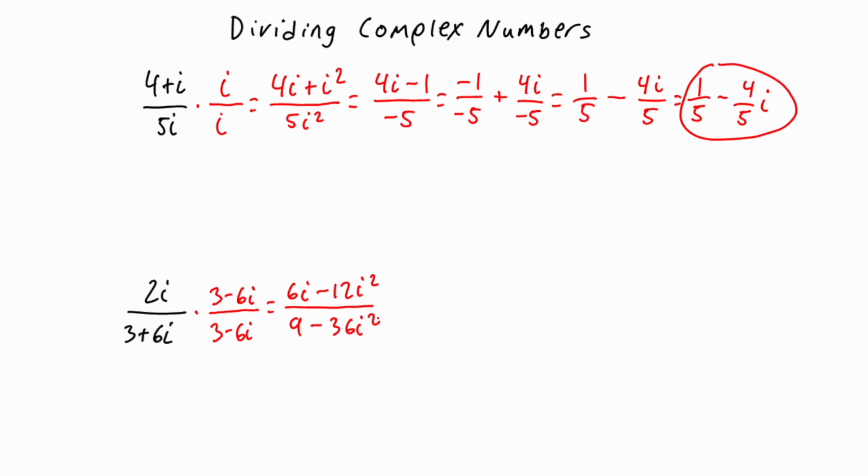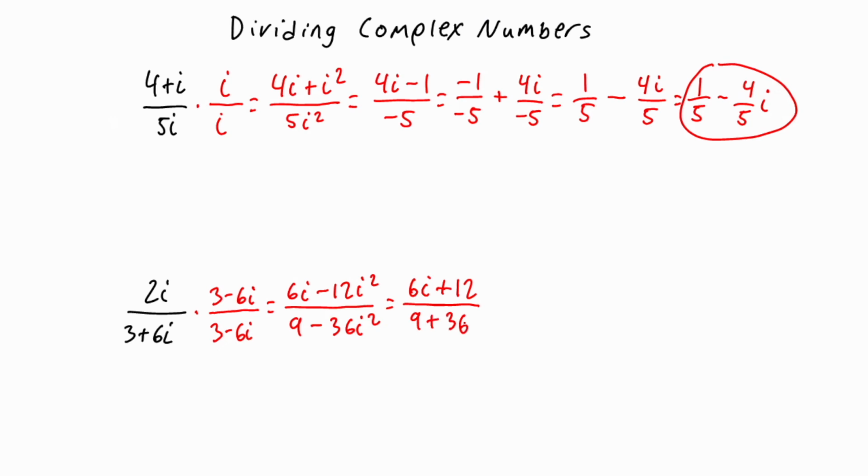And so now we want to get rid of those i squareds. So on top we have 6i minus, or plus, 12, because i squared is negative 1, so that really just changes the sign there. And on the bottom, we have 9 plus 36.